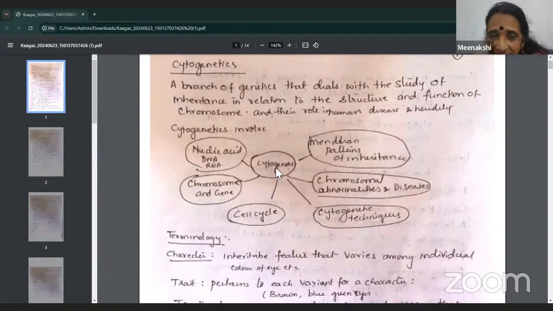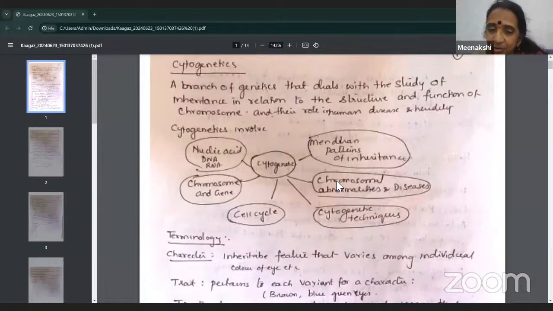Then cytogenetics also deals with cytogenetic techniques. These techniques are very important to know about chromosomal abnormalities and diseases. When we study the chromosome, we should also know about the abnormalities of the chromosomes and the diseases associated with them. How does damage to the chromosome occur?